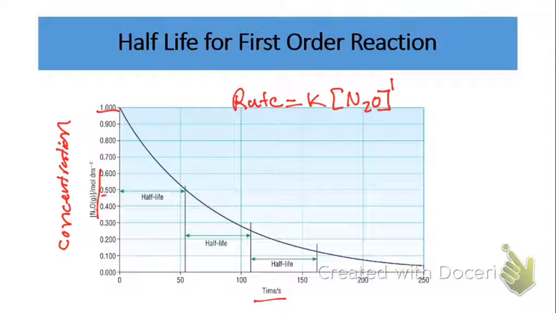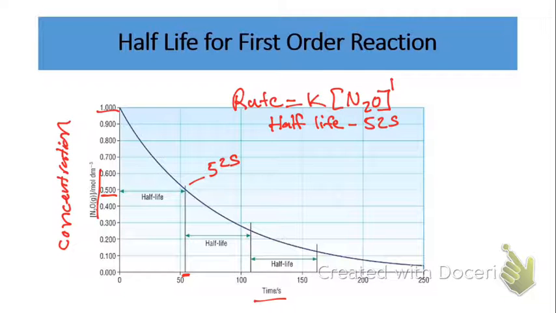And the time that it takes for half of that concentration looks like it's going to be roughly 52 seconds. So that 52 seconds is known as the half-life for this reaction. 52 seconds.